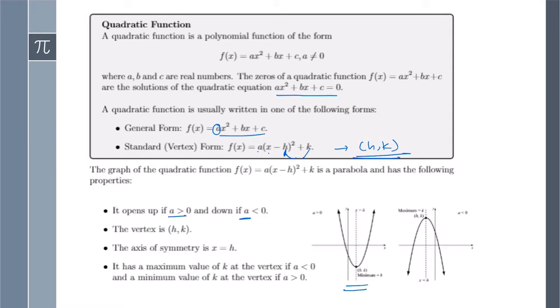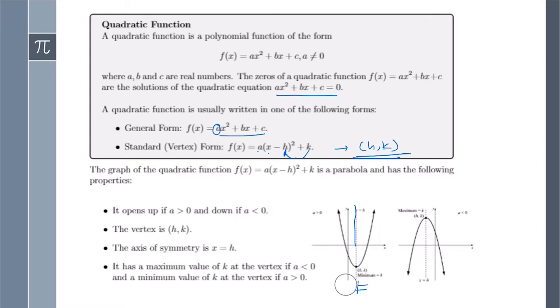This h and k is the vertex of the parabola, which is the turning point, so the graph will turn at that point. There is a line called the axis of symmetry, which is the vertical line that goes through the vertex.